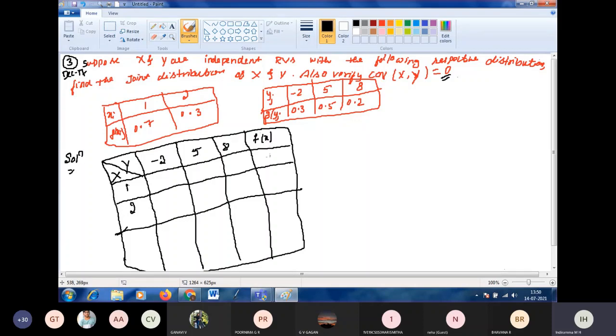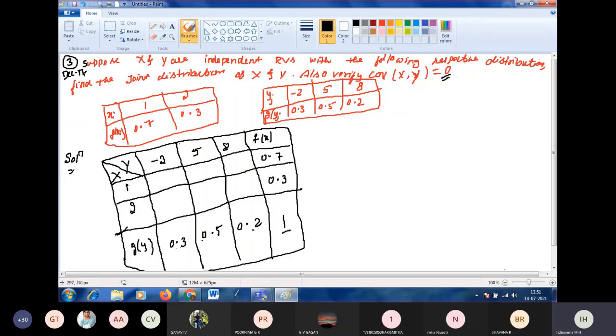The marginal values g of y are 0.3, 0.5 and 0.2. If you add these three, 0.3 plus 0.5 is 0.8, 0.8 plus 0.2 is 1.